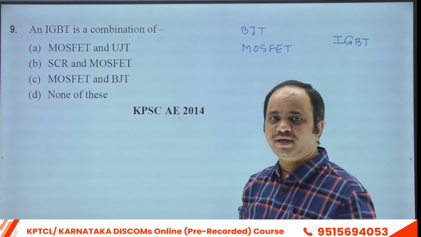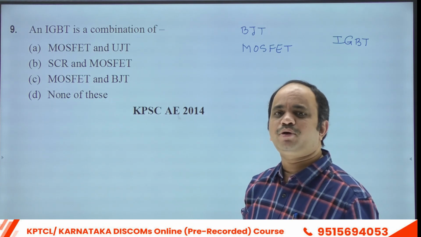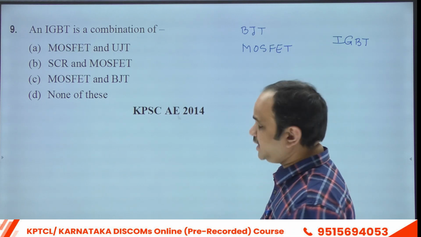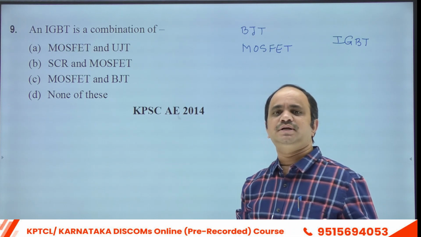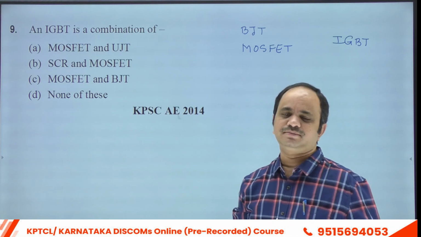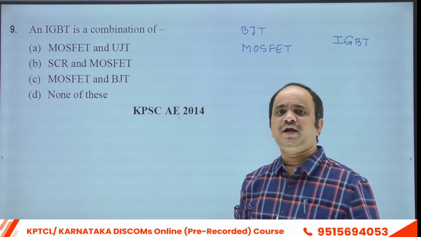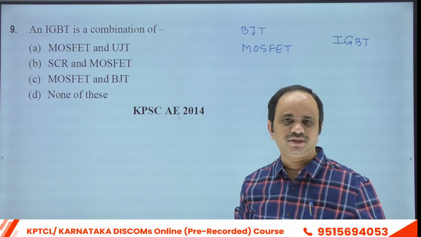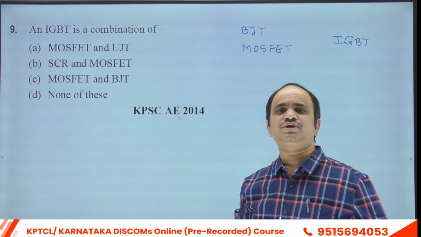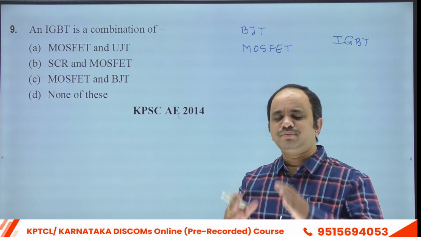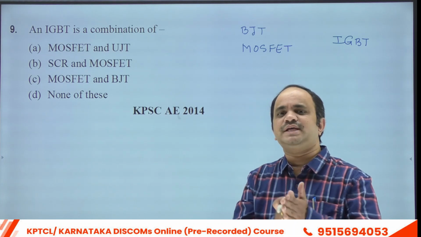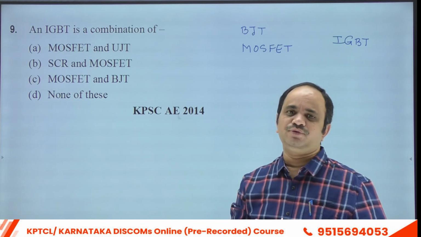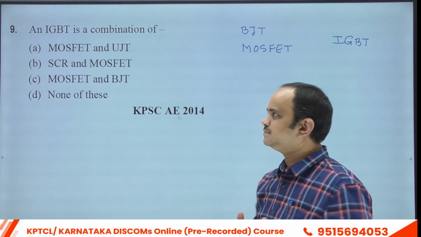Out of these three devices, BJT will have better properties from the conduction point of view. But as BJT is a minority carrier device, it will have more switching times. Whereas MOSFET will have better switching properties, but on resistance is very high, therefore conduction loss will be very high. So from the switching point of view, MOSFET has better characteristics. From the conduction point of view, BJT has better characteristics.